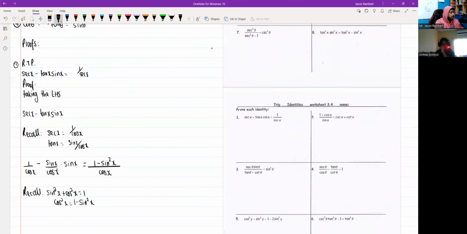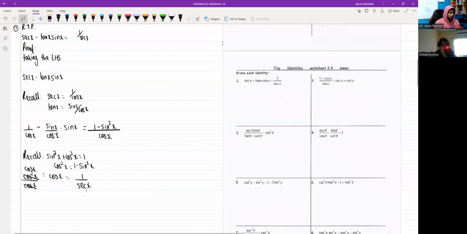So I'll rewrite my proof. I'll continue my proof by writing cosine squared x all over cosine x. Cosine cancels with cosine, remaining with cosine x, which is equal to 1 over sec x. We started the proof, and we finished the proof.